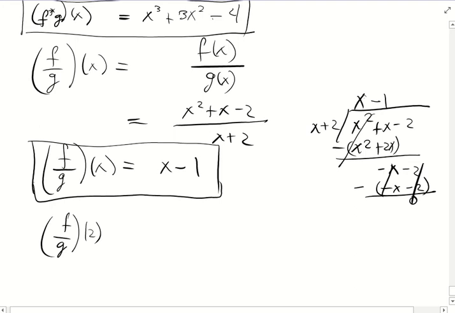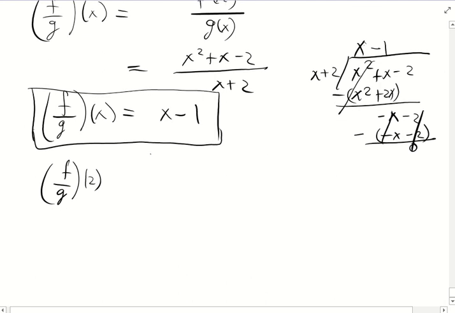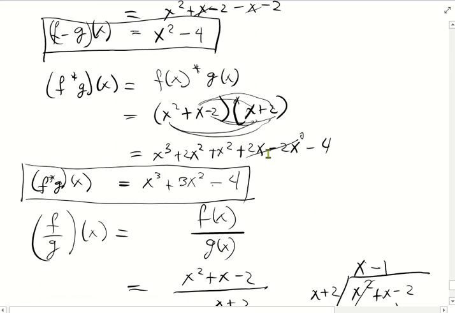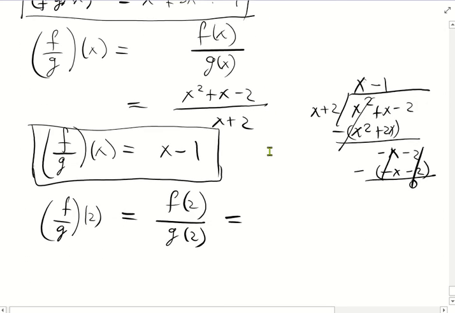The first way is we substitute directly, f of 2 divided by g of 2. So let's try that one. What will be f of 2? We already know how to evaluate a function. What is f of x? F of x is x squared plus x minus 2.